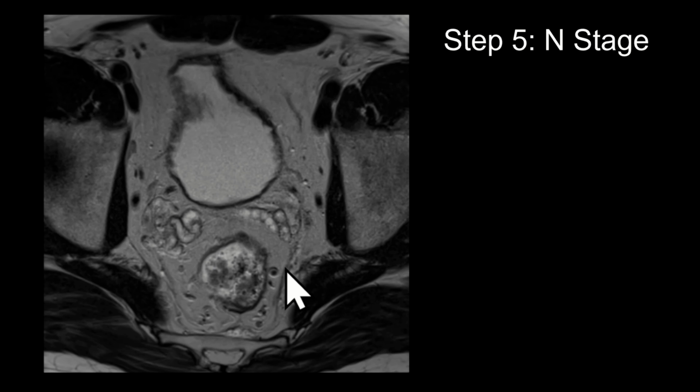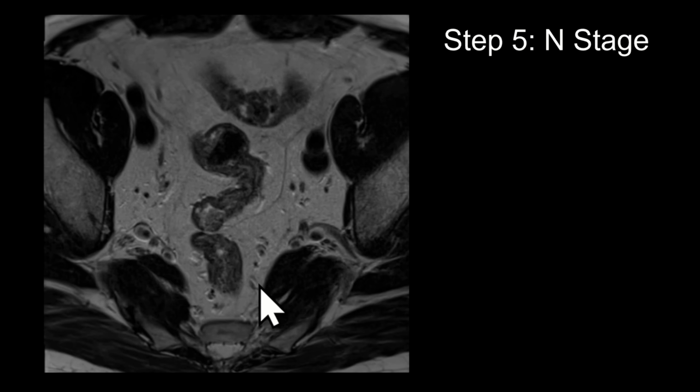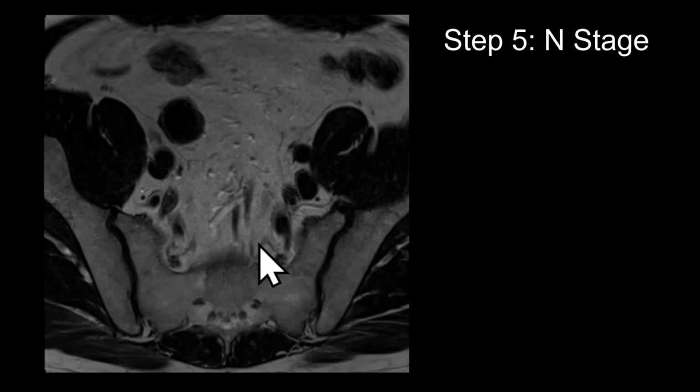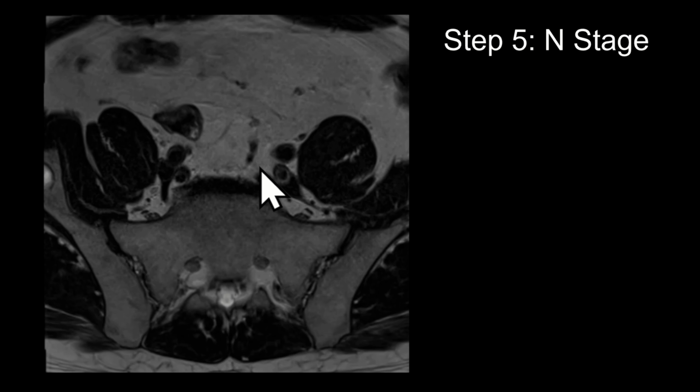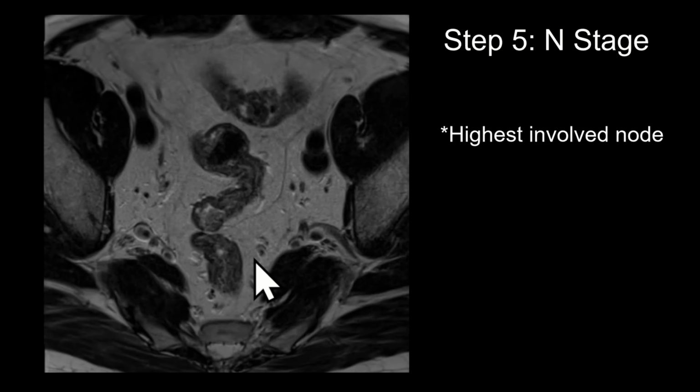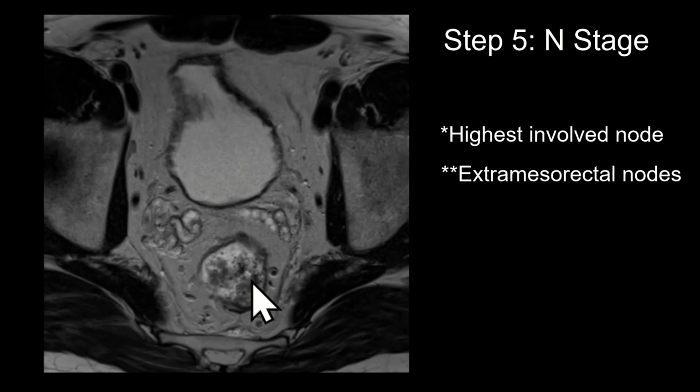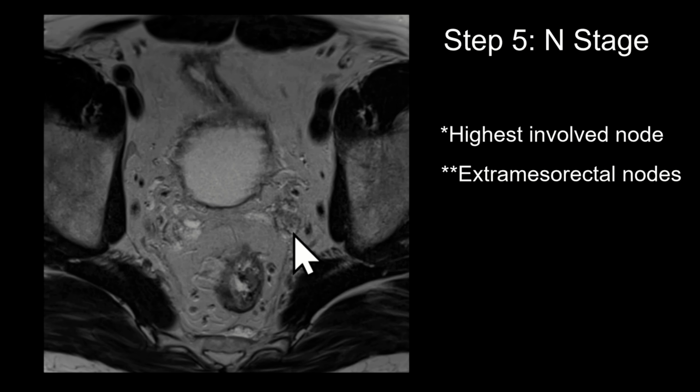So if there was involvement of the nodes, you want to specifically mention which nodal stations are involved, namely of the regional nodes, which includes the mesorectal nodes, superior rectal, and inferior mesenteric nodes as well. You importantly want to mention the highest node involved because they would want to include that in the radiation field at treatment. If there is extra mesorectal nodes, so for example, obturator nodes or internal iliac nodes, you want to also specifically mention those as well.